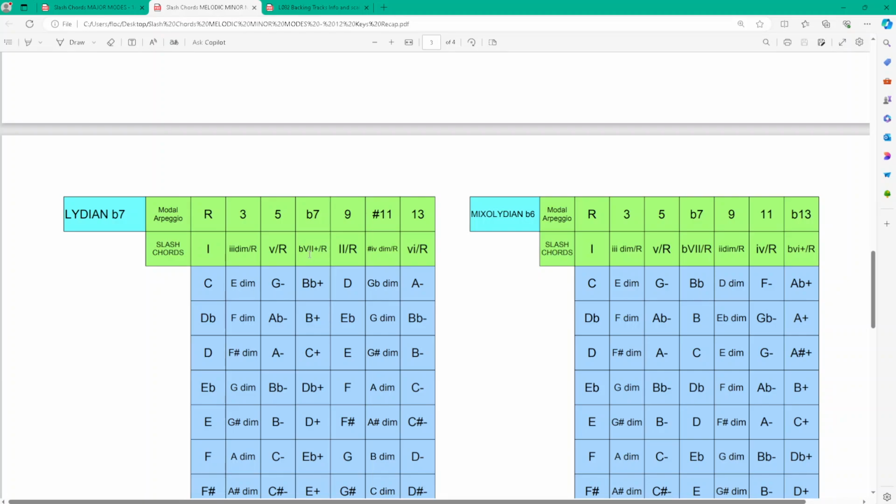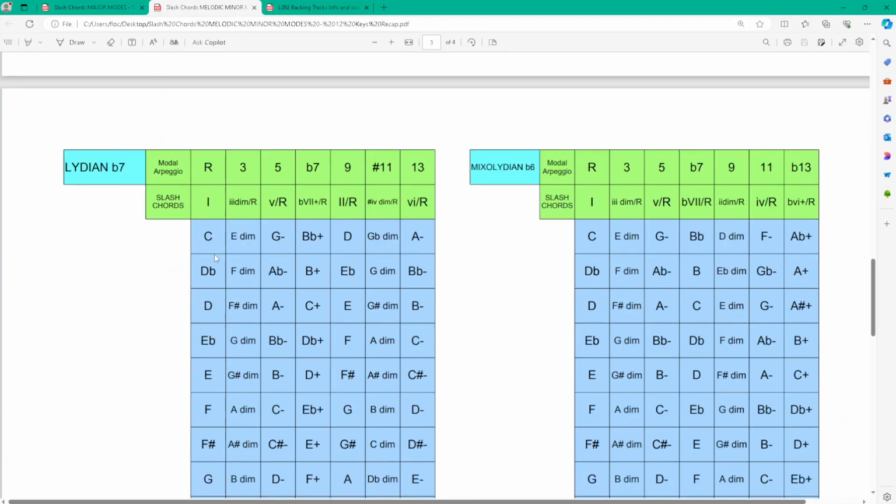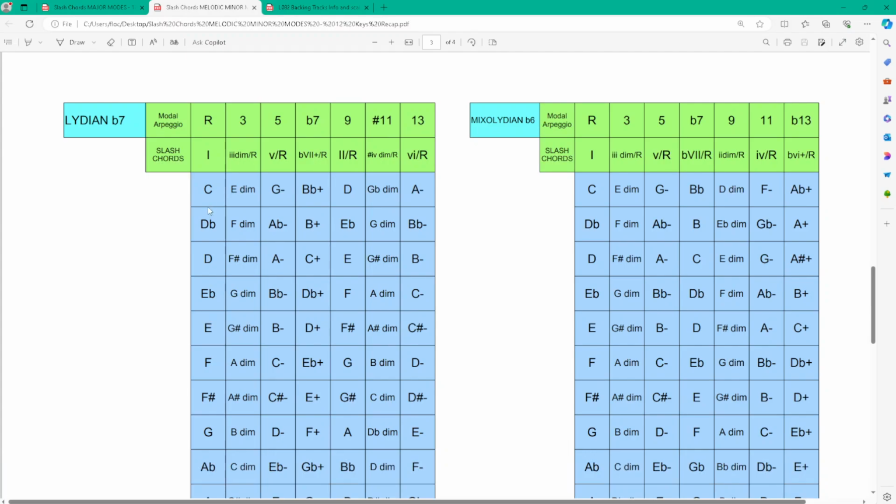Then you have a flat 7 augmented over the root note. Then you have a 2, like a 9, major triad, over the root note. Then you have a sharp 11 diminished over the root note, and then a 6th minor over the root note. This is the universal version, it doesn't matter what key you're in. Of course, here it is then spelled in different keys, in all 12 keys.